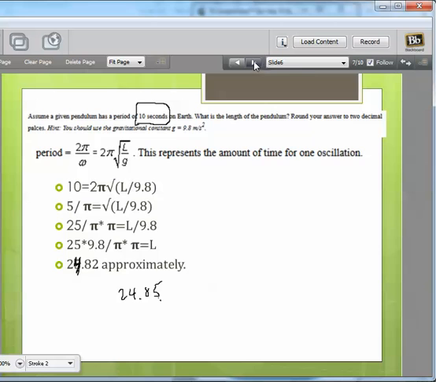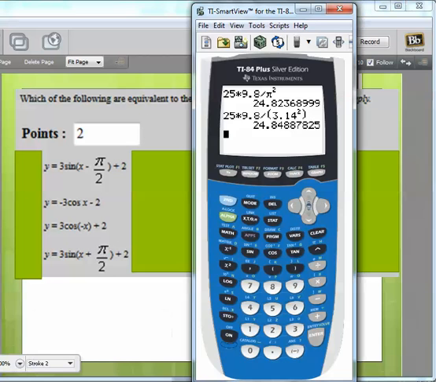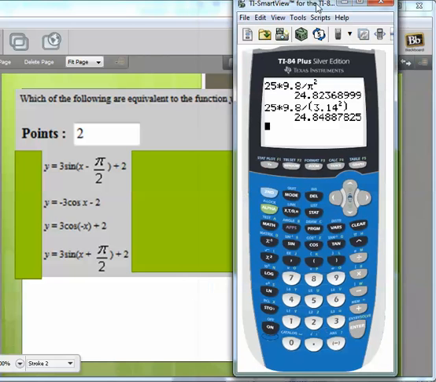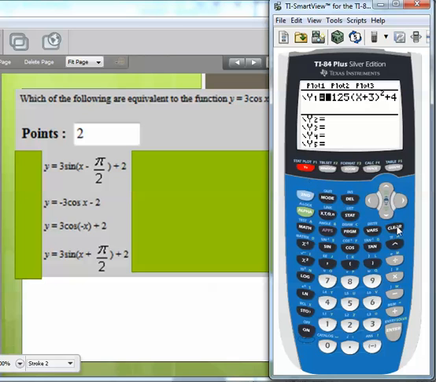Okay, going forward. This is a problem I pulled off of a quiz from Unit 2 because I had several people that were getting this wrong, and I wanted to just show you my simple way of solving this. Okay? I'm bringing up a calculator here, and I'm going to press y equals. And in this y equals, I'm going to just say 3 cosine x, close my parentheses, plus 2.